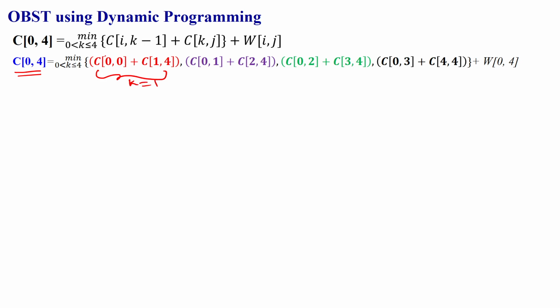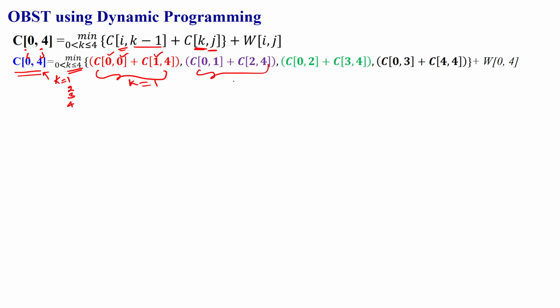So c of i, here i is 0, j is 4. Now c of i is 0, k minus 1, 1 minus 1 is 0, plus c of k comma j, so k equal to 1, j equal to 4, right? Then I am substituting, k is having 4 possibilities, k equal to 1, then 2, then 3, 4, right?